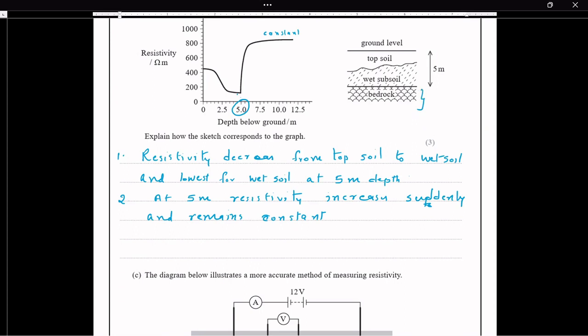So at 5 meters, resistivity increases suddenly and remains constant, indicating the constant depth of bedrock.